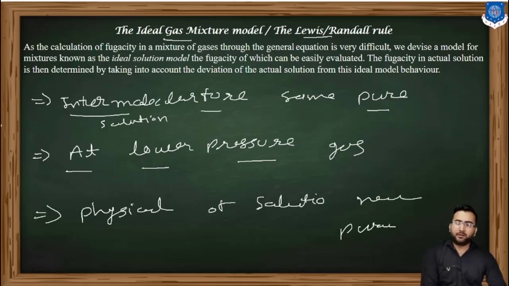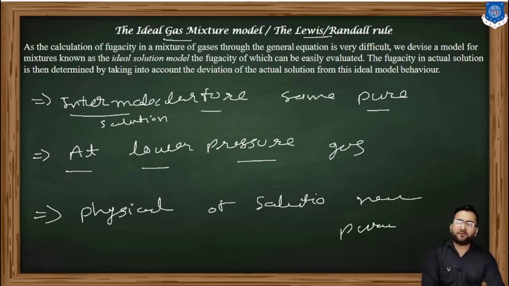So we can use the Lewis-Randall rule when the intermolecular forces of the mixture are similar to those in the pure state, at lower pressure when gas behaves ideally, and the physical properties of the solution are nearly the same.